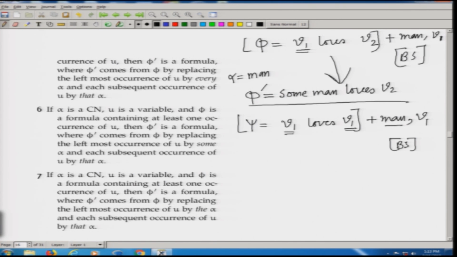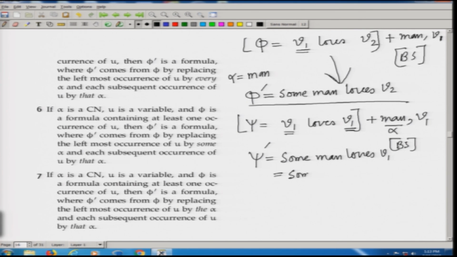Then the subsequent occurrences must be replaced by that common noun alpha, man is our alpha. So from this we derive xi prime, which is: the first replacement gives some man loves V1, and then the second replacement, the subsequent occurrences of V1, you are supposed to get that man.